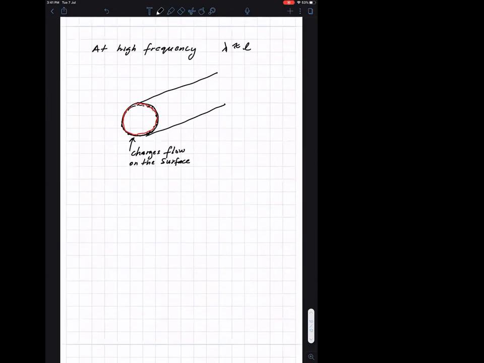That will bring up the resistance, the skin resistance. It will increase the skin resistance, and this is called the skin effect. Therefore, it is going to increase the losses.